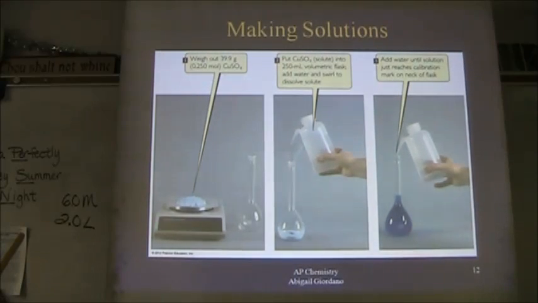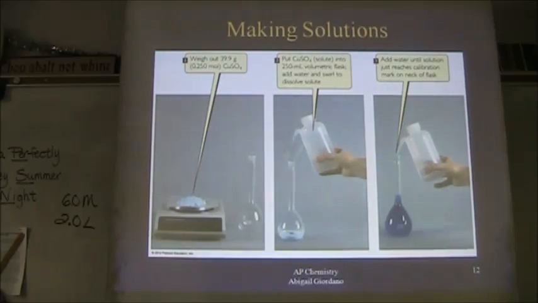Okay? But the point is, guys, so this is a 2-liter volumetric flask. And you'll notice it doesn't have any volume markings on it, except for one. And you may or may not be able to see it. There is a very faint line painted on the neck of this flask. That line measures exactly the volume written on it, okay?